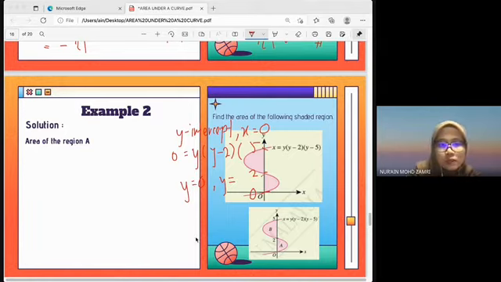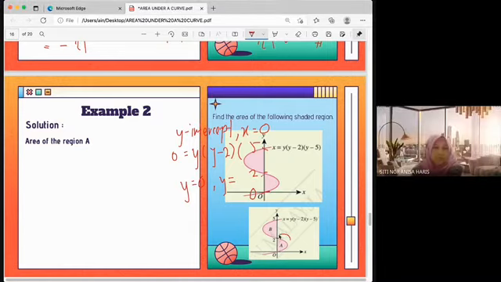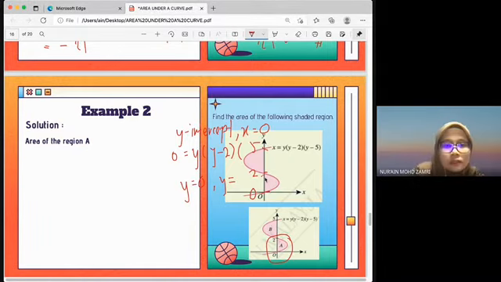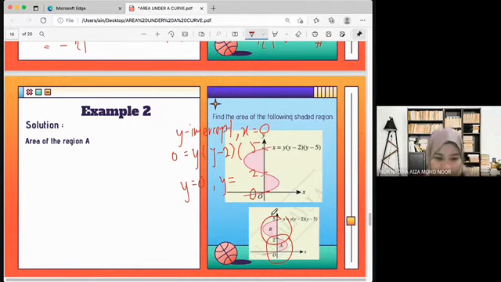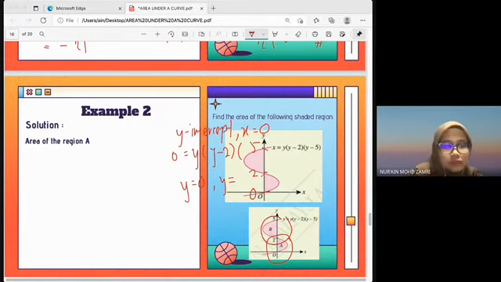So region A is bounded by y equal to 0 and y equal to 2, and region B is bounded by y equal to 2 and y equal to 5. So let A be the area of the region to the right of the y-axis and B the area of the region to the left of the y-axis.